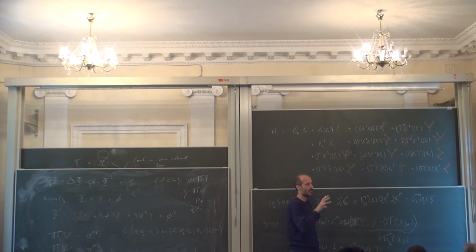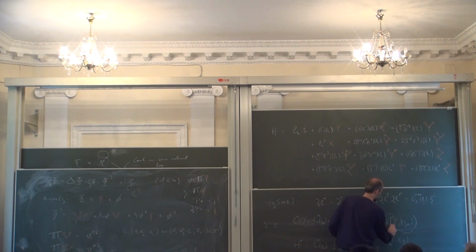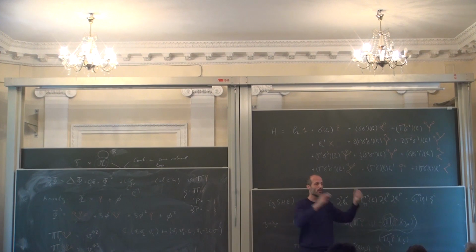But the claim here is that there's a natural topology you can put on these maps, boldface pi. So the maps that turn each of these symbols into an actual function, or a distribution.